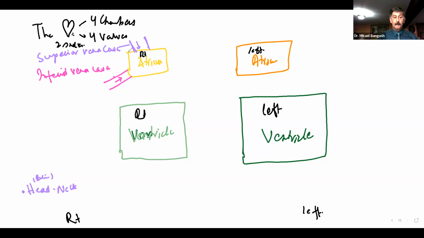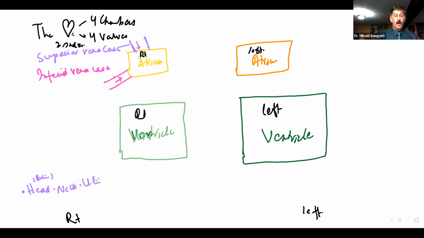Is that clear? And I would also say the upper extremity or upper limb, which is mainly your arm, forearm, hand, fingers, and so on.